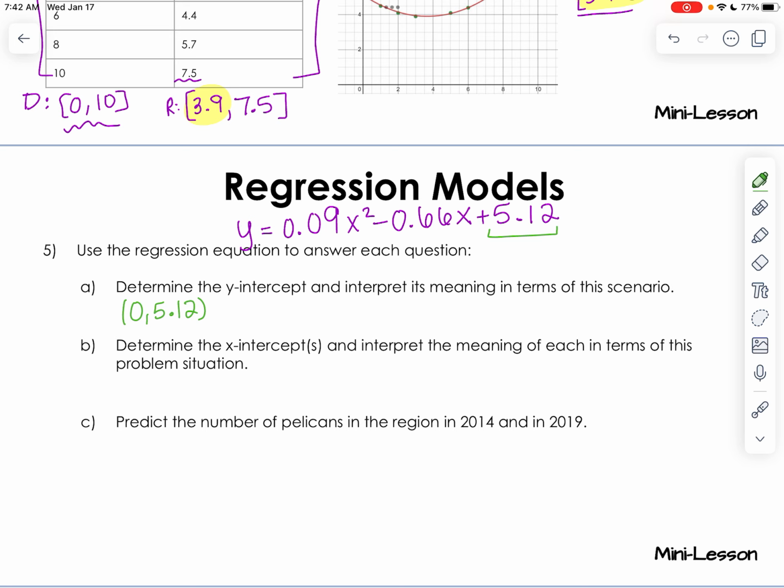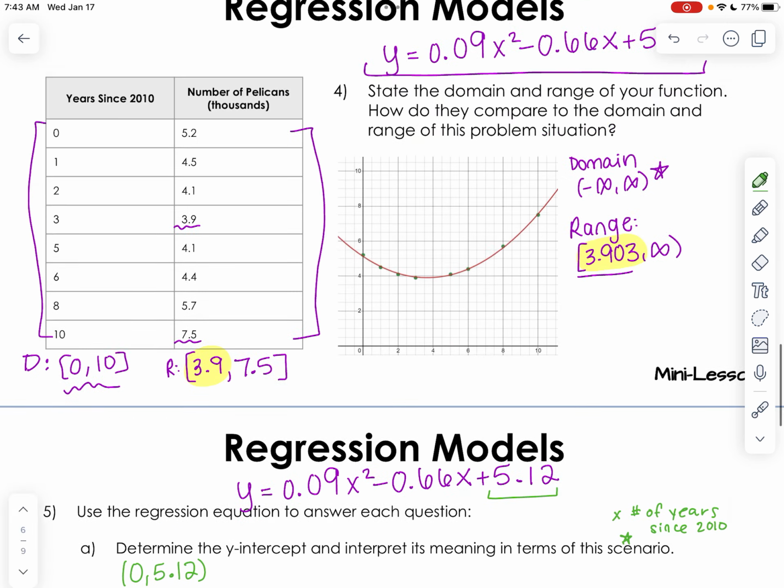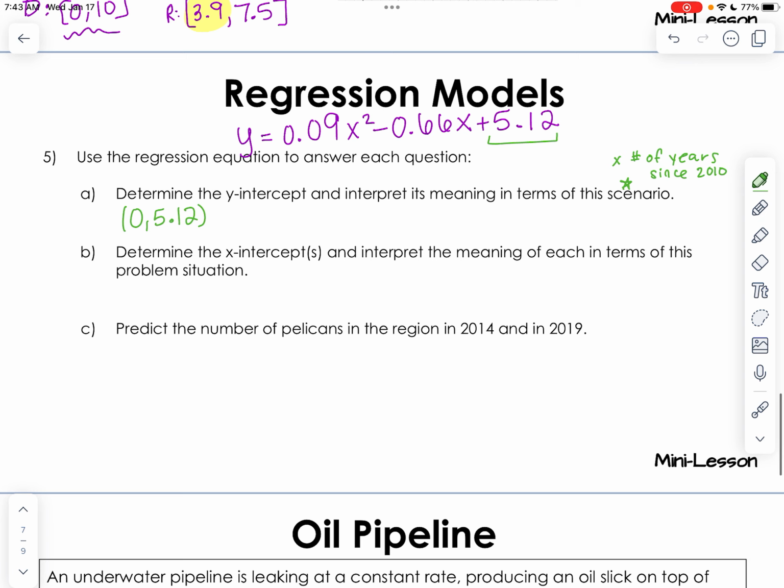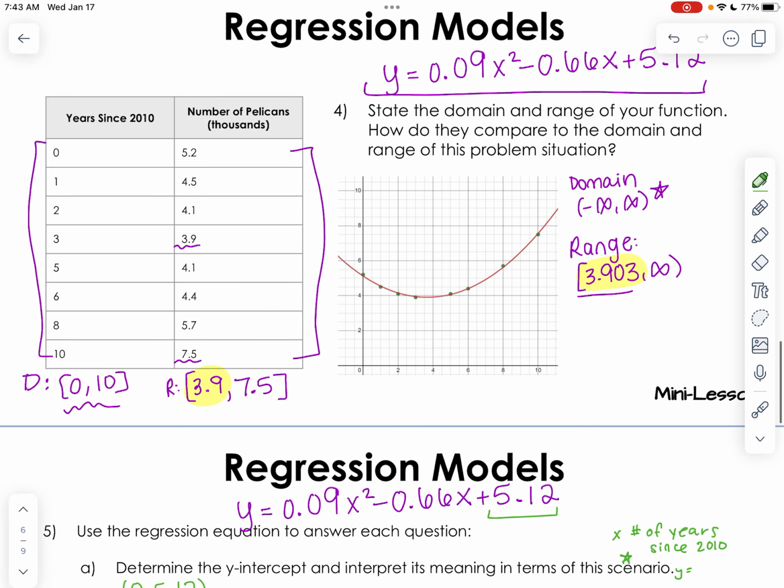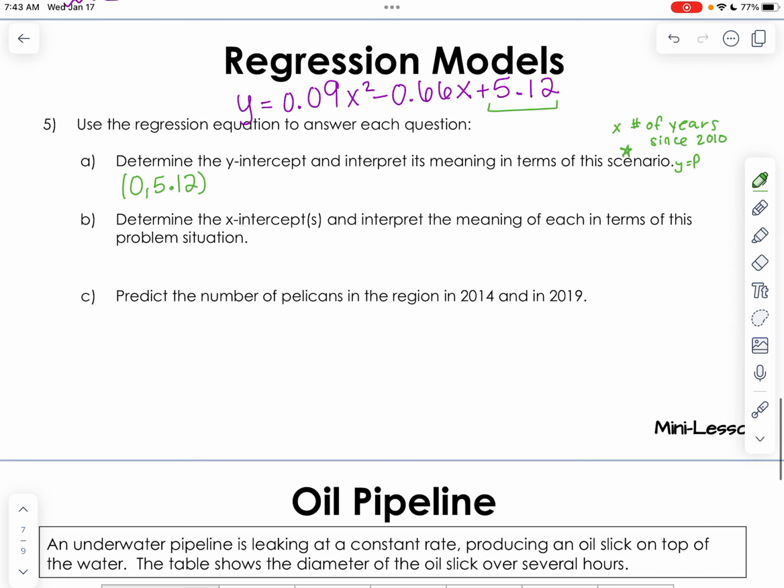Now, what does this mean in terms of the scenario? Remember for this scenario that x is the number of years since 2010, and then y is going to be the population of pelicans in thousands. So when I relate this to the scenario, if x is 0, that means that no years have passed.